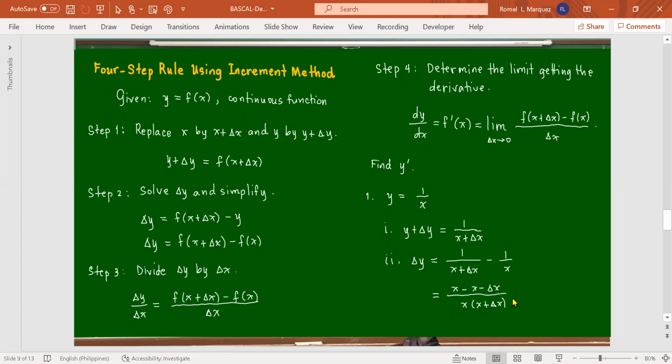Okay, guys? Pero kung gusto niyo, you can have y plus h. You can let it be that. Simplifying further, we have negative delta x over x times x plus delta x. Okay? Oh, that is my delta y. What's my third step? Divide by delta x.